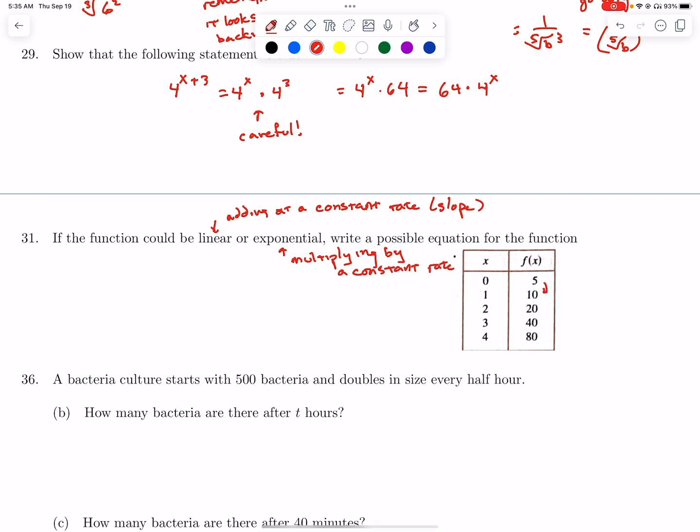Okay, so let's see, what are we doing? This is adding 5, this is not adding 5. Is it multiplying by something? Yeah, it's times 2. So notice that what I have is 5 times 2 times 2 times 2, etc. And so that means that I'm looking at 5 times 2 to the probably x.